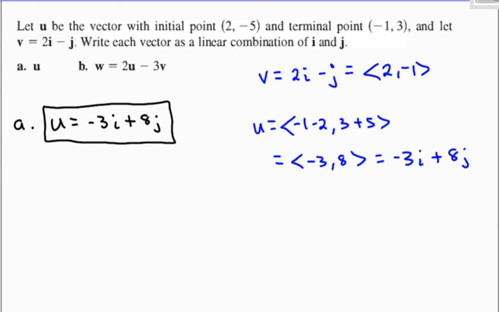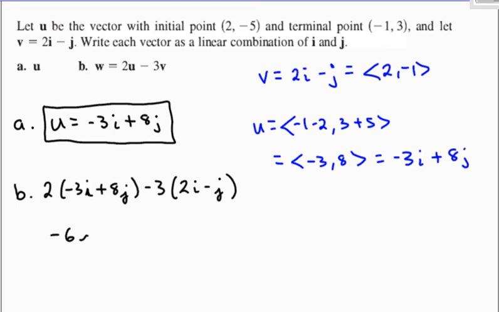Now, for b, we want to write 2u minus 3v. So 2 times u, which is negative 3i plus 8j. I'll write them in cursive, that'll look a little better to me. And then I want to subtract 3 times v. v is 2i minus j. So distribute the 2 and I get negative 6i plus 16j.